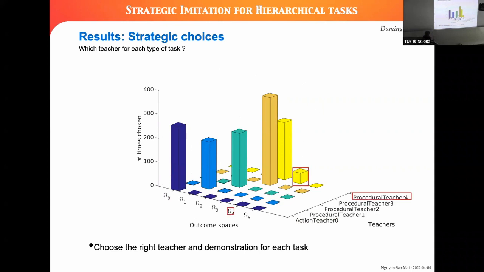Whereas the task omega-4, which is making a small sound, it used mainly the teacher for the task omega-4. And this teacher was showing how to decompose the task. So it could spot the right teacher and the kind of demonstration for each task. So for simple tasks, mainly a direct low-level demonstration, whereas for more complex tasks, how to decompose it so that it can reuse its knowledge.